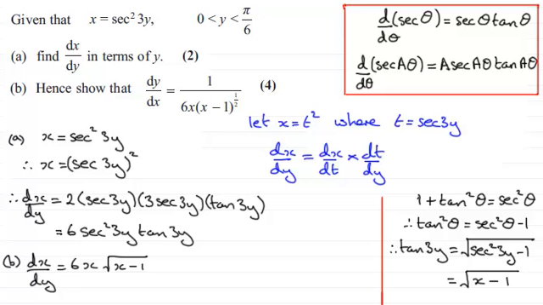So therefore it follows from this that dy by dx is going to equal 1 over this, 1 divided by 6x, and instead of the root I'm just going to write that as a bracket (x minus 1) to the power a half, just so that I get it in exactly the same format as we had up here. Okay.